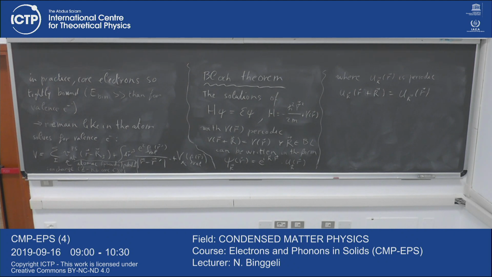Actually, let's consider the simplest operation, that is inversion symmetry. Because, of course, the Coulomb potential of the hydrogen atom has the inversion symmetry. R going to minus R gives the same potential.